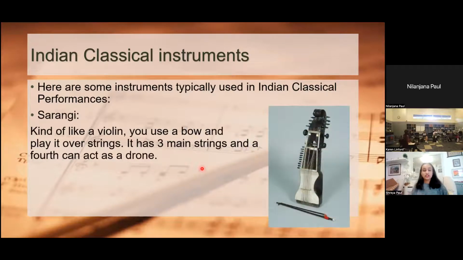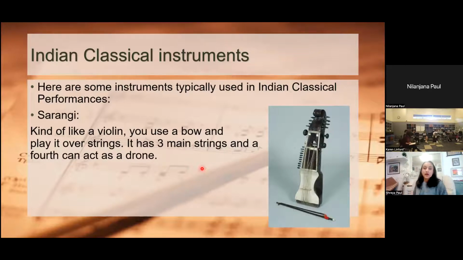Then next we have the sarangi. It's kind of like a violin or cello, a string instrument. You would hold it like this. It's about this height, and there are three main strings and the drone. I'll explain the purpose of a drone when we come to one of the instruments, because there's a very important instrument for that.